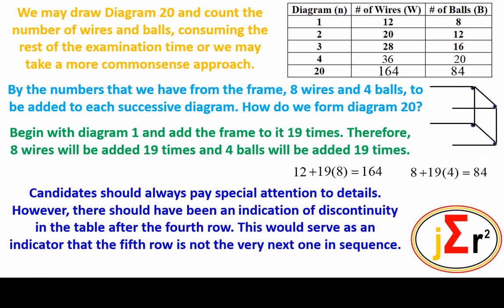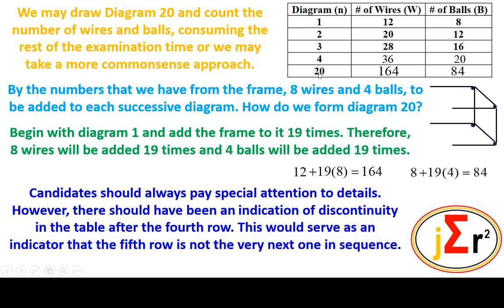Candidates should always pay special attention to detail. However, there should have been an indication of discontinuity in the table after the 4th row. This would serve as an indicator that the 5th row is not the very next one in sequence. Right, so we have 1, 2, 3, 4, and then we jump all the way to 20.